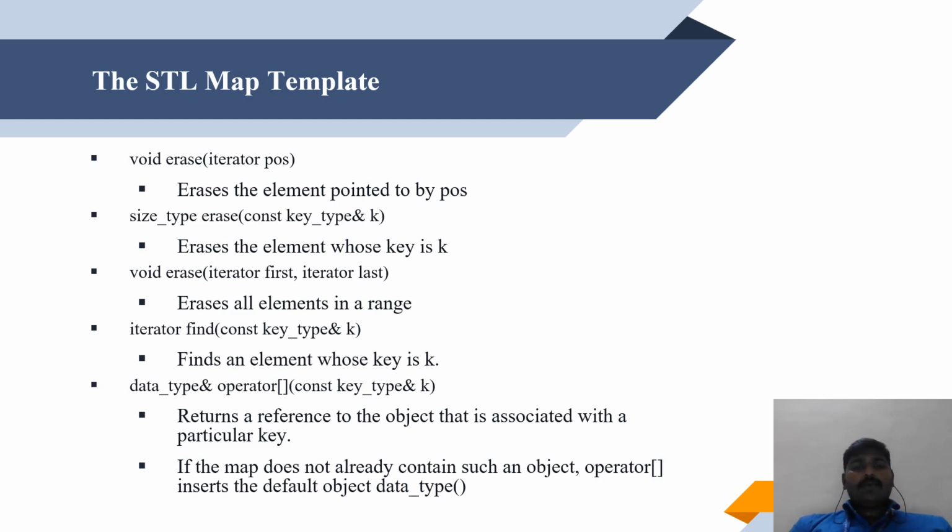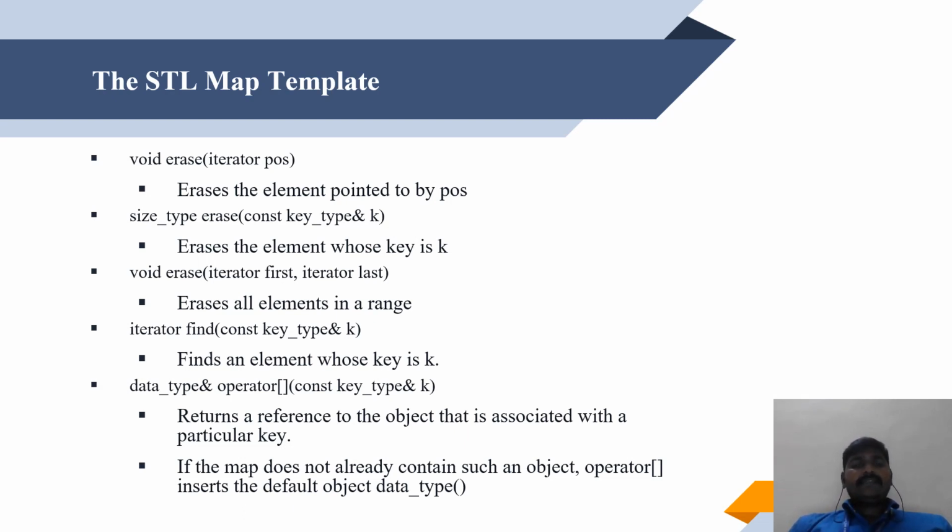Similarly, you can provide it in the range also. From the first element where you want to start to the last element where you want to end, and the elements in between will be erased, then you can set it as a range. And then as usual, constant type. If you want to find a particular element, again we'll be providing the key.